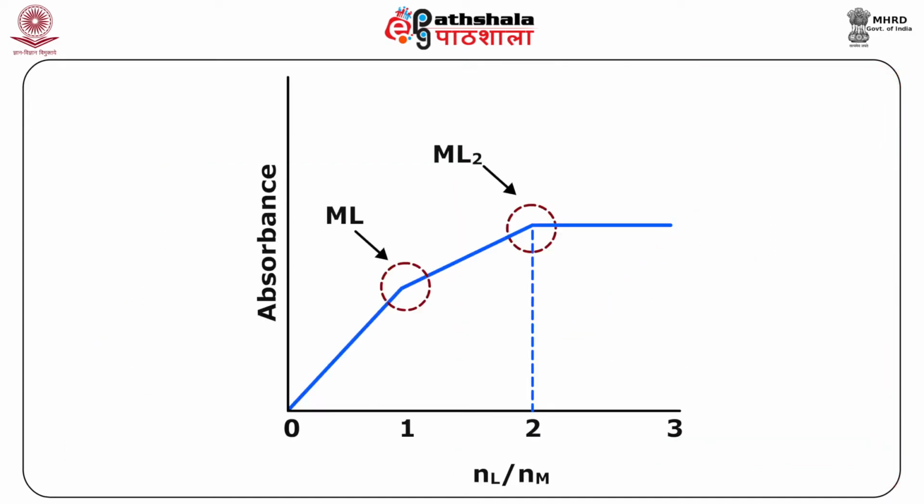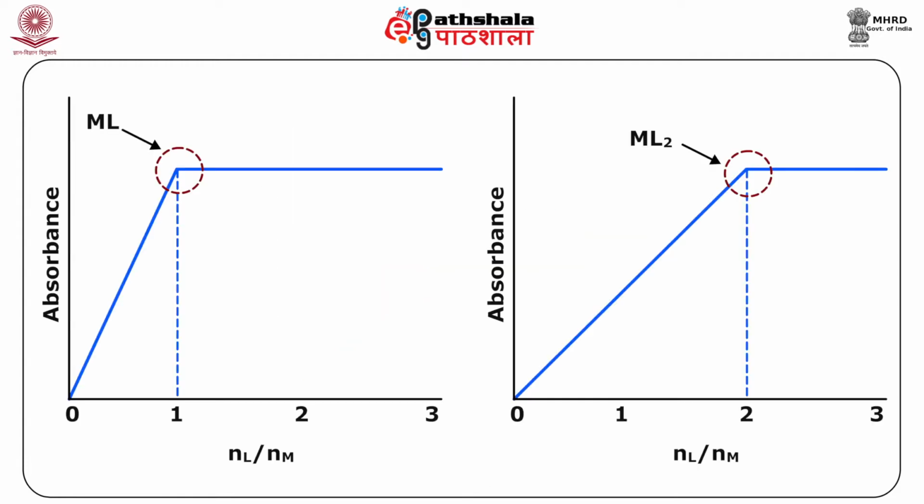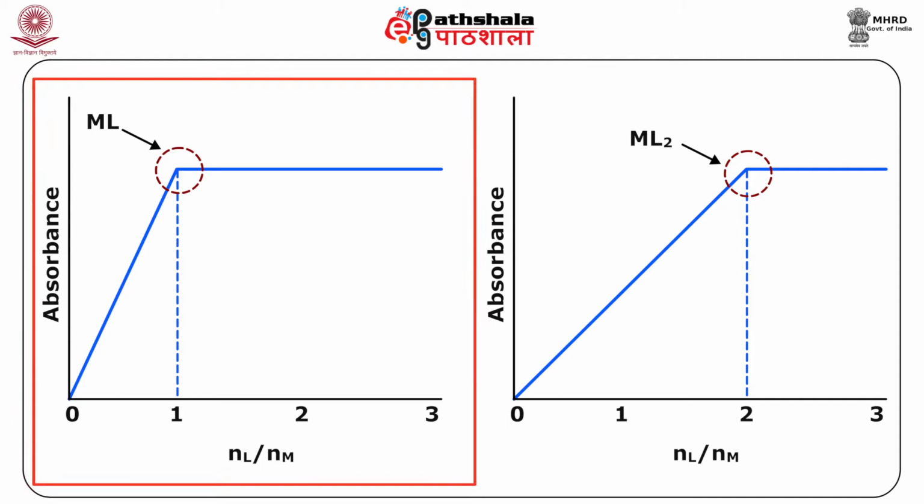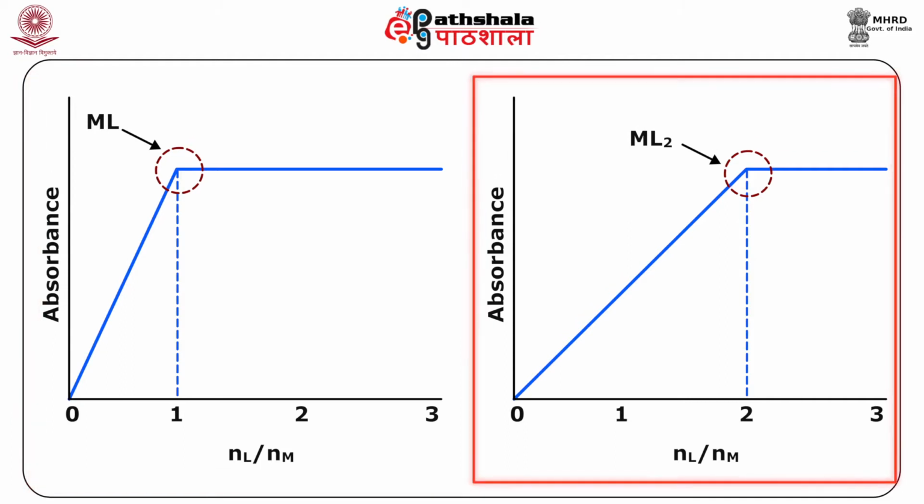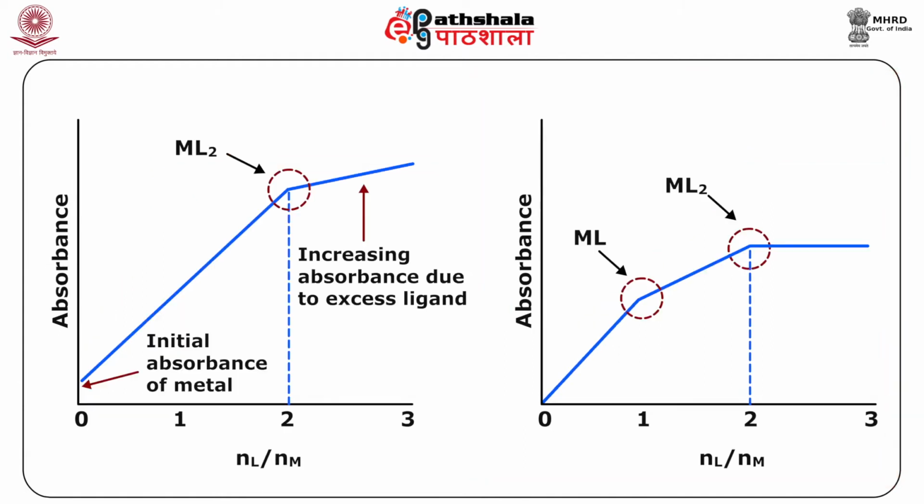The mole ratio plot can also be obtained for stepwise complex formation, like ML complex and ML2 complex, shown in figure 2b. One shows the mole ratio plot for the formation of a metal-ligand complex with increasing mole fraction of ligand, 1:1 metal-ligand ratio and 1:2 metal-ligand ratio.